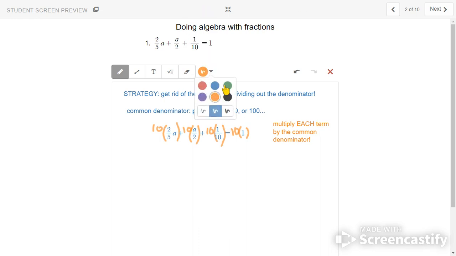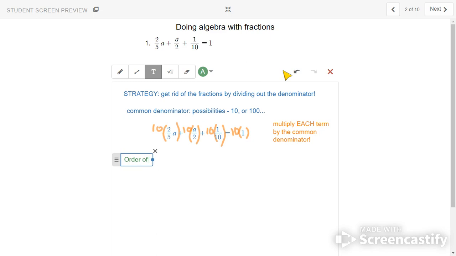Now, when we're multiplying it by a 10, order of operation says that multiplication and division are on the same level. So I could multiply or divide first, going left to right. In this case, we have numbers that are top to bottom, and we have some that are left to right.